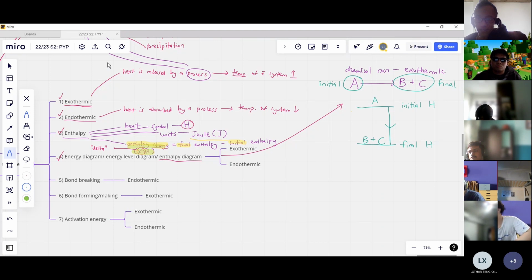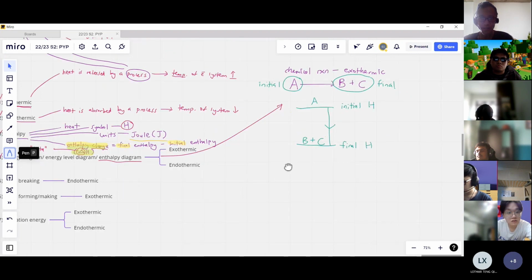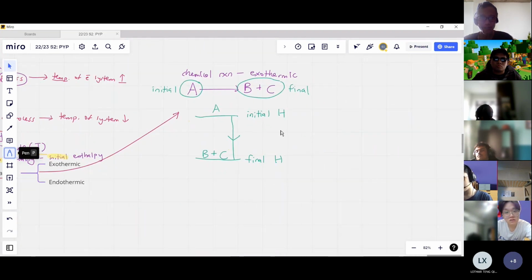Remember, the reaction is from A going down, proceeding to produce B and C. So initial, okay. What do you notice from this diagram?